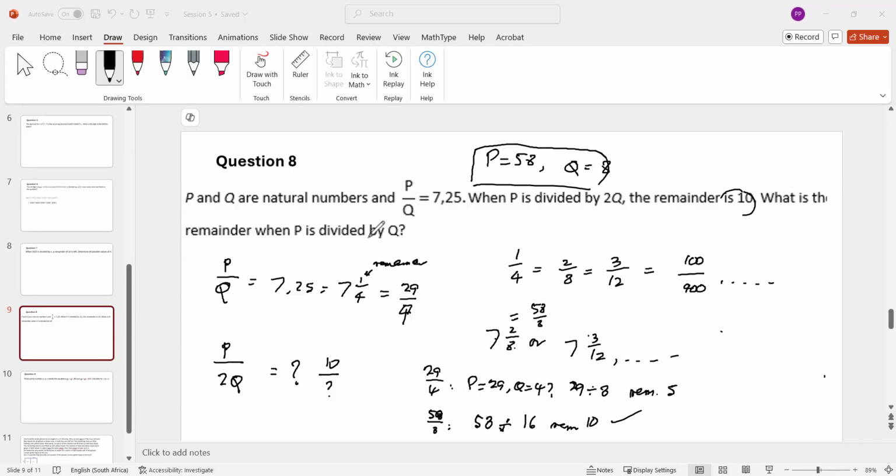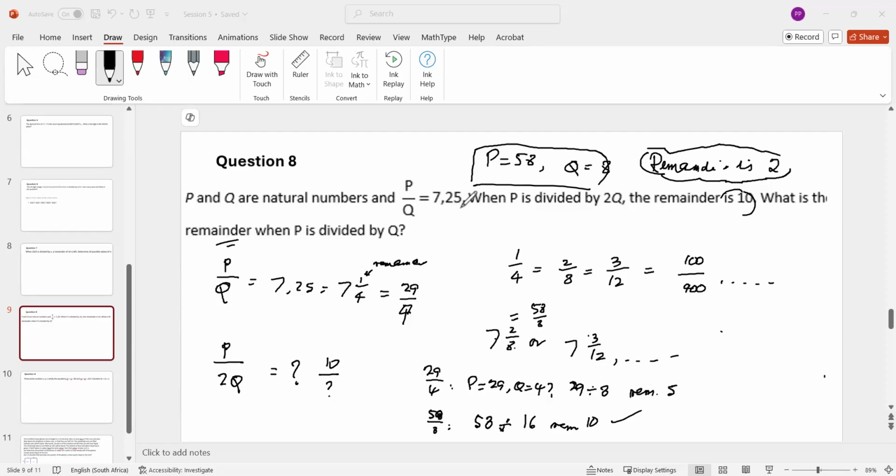So what is the remainder when P is divided by Q? You divide P, 58, by 8 now. That's Q, not 2Q anymore. And when you divide 58 by 8, it goes in 7 times, and the remainder is 2. So that's the answer to this question.